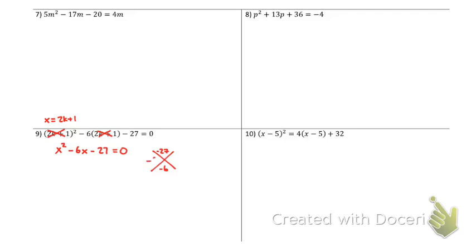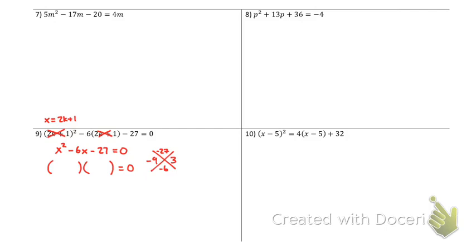That's going to give me negative 9 and positive 3. So negative 9 times 3 is negative 27. Negative 9 plus 3 is negative 6. This is my factors form. So we put it in our factors form. Remember, this is going to be equal to 0.